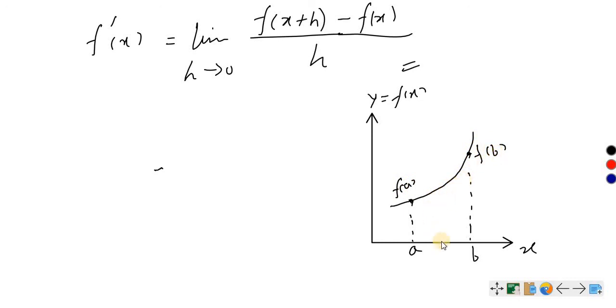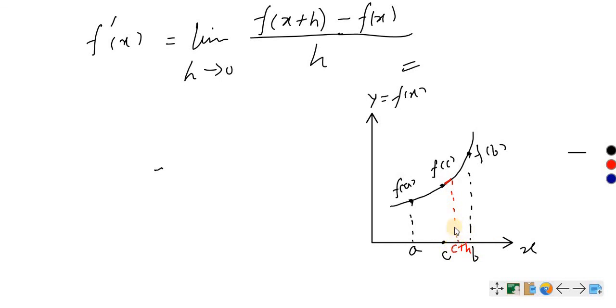Now suppose at this particular point c, I want to find the limit of the function. The function will be approaching this point, that is f of c. Suppose there is a small increment in c, and that increment is h. Let this point be c plus h. So this is the small increment along the x-axis at the point c.